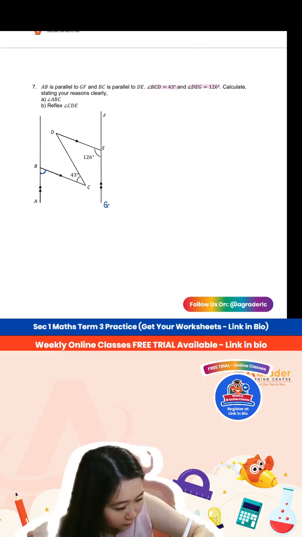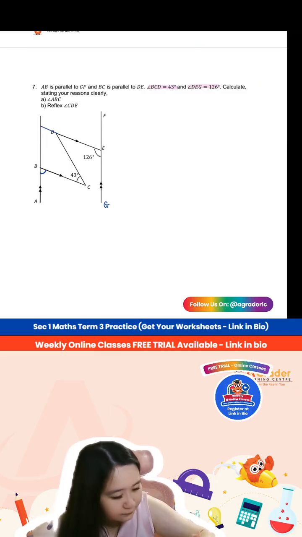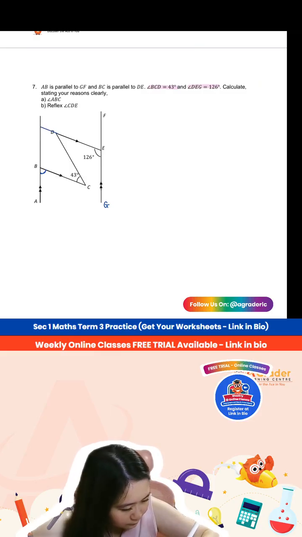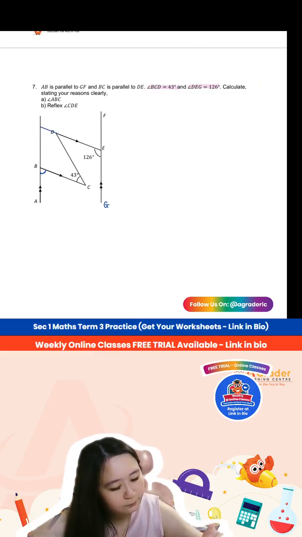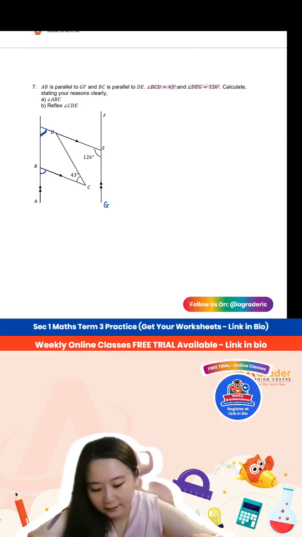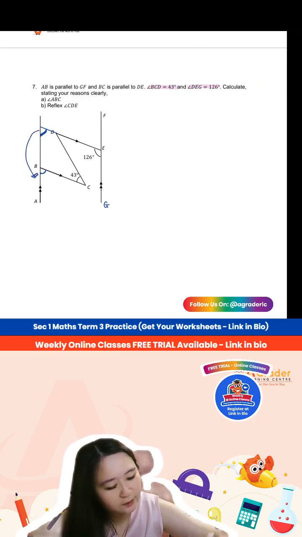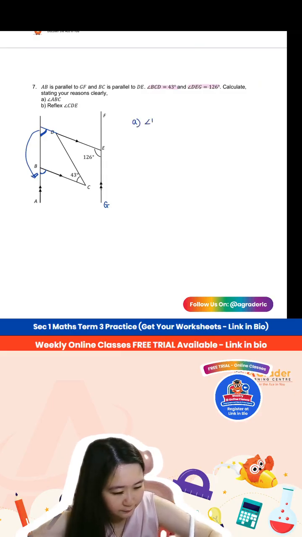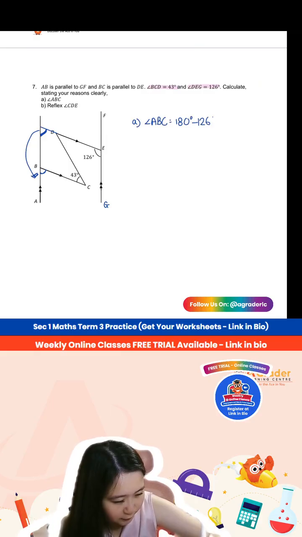So what you can do is you extend this line. Okay, so using interior angles, you can find this angle here. And then after that, corresponding angles to find this angle. So angle ABC equals 180 degrees minus 126 degrees.